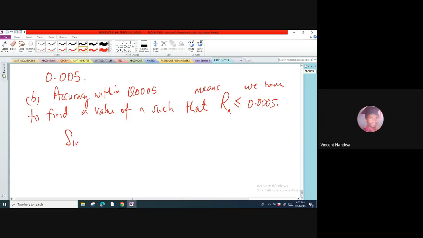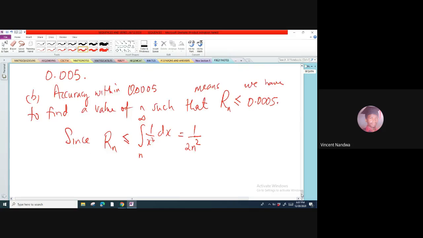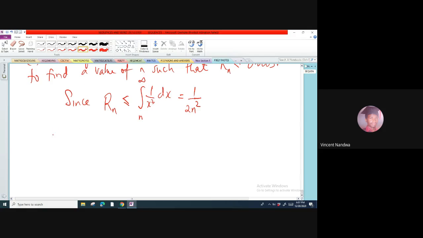Now, since R_n is less than or equal to the integral from n to infinity of 1 over x cubed dx, which is 1 over 2n squared, we want 1 over 2n squared to be less than 0.0005.